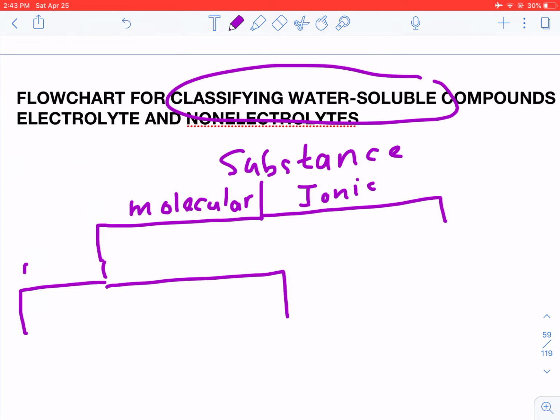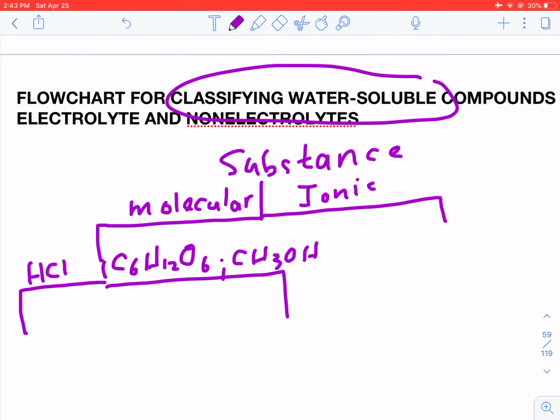molecular substance if it's an acid, okay, and let's write a formula for an acid. So let's say HCl, and this side we've got C6H12O6, and maybe CH3OH.